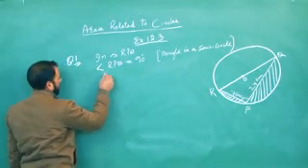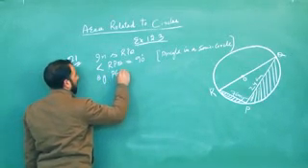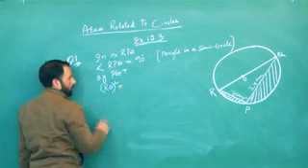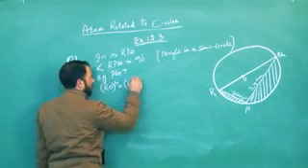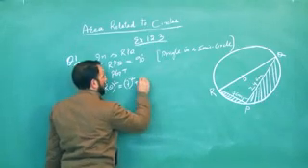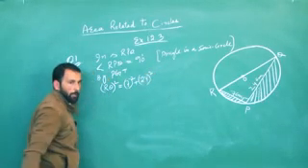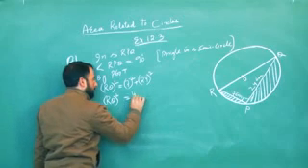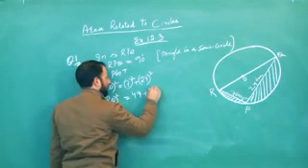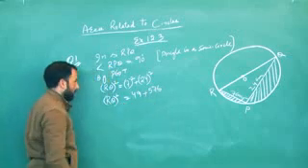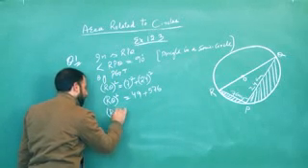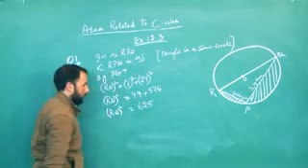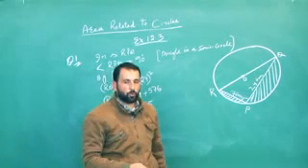So in this triangle, by Pythagoras theorem, what is the hypotenuse here? RQ square is equal to base square, 7 square, plus altitude square, 24 square. RQ square is equal to 49 plus 576. When you add, you get 625. 625 is the square of 25.